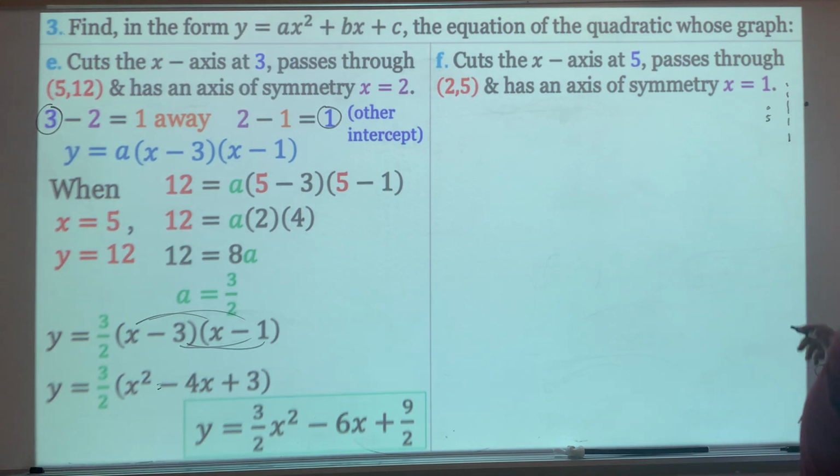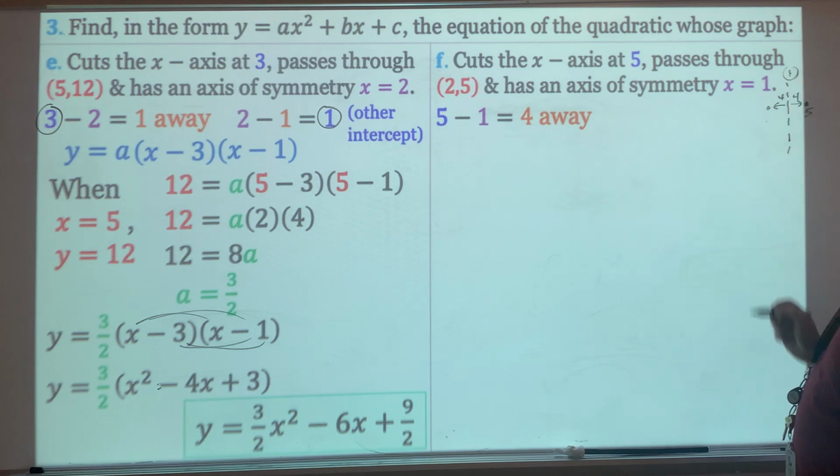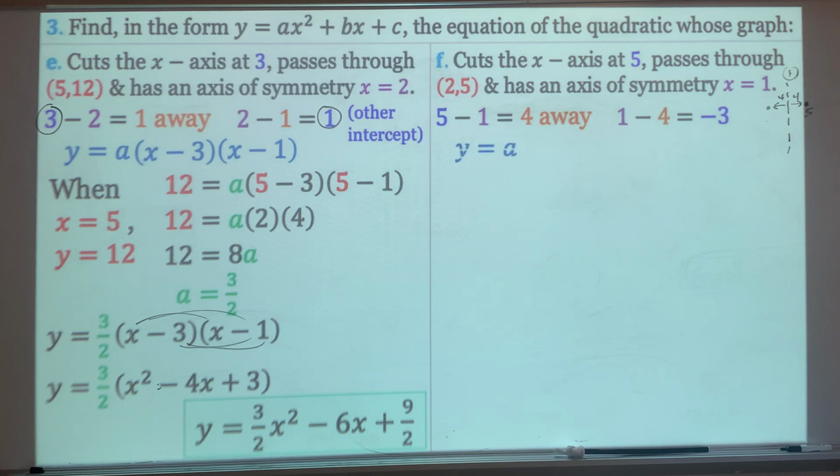So you know your other intercept is over here. Oops, sorry, this is 5, this is 1. It's going to be something over here that's negative, right? So 5 minus 1 means I'm 4 away. So I go 4 this way, 1 minus 4, and 1 minus 4 is negative 3, which is my other intercept.